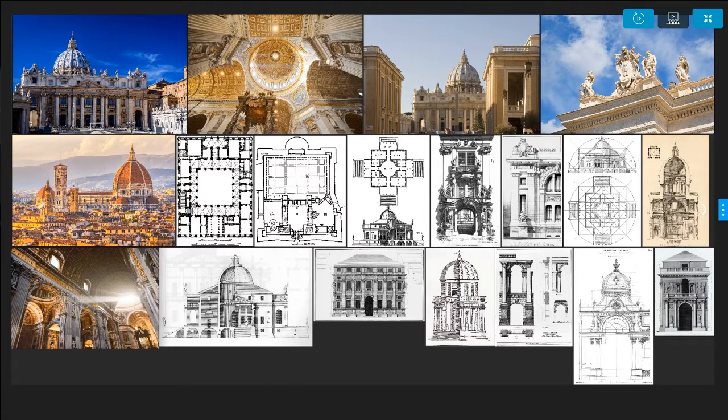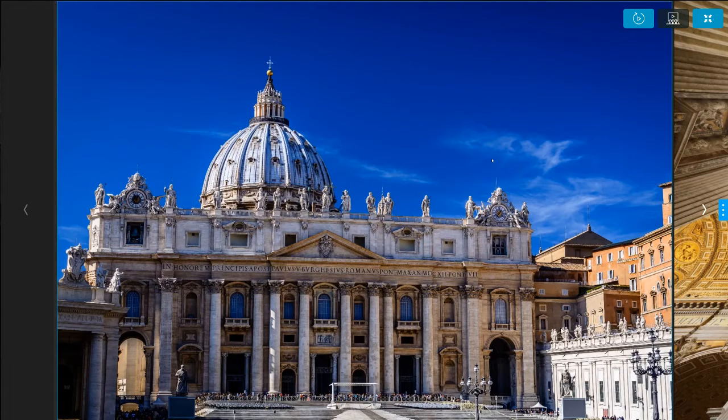The first thing is, as you can clearly see, this architectural style was adapting classical Roman and Greek architecture, and in St. Peter's Basilica, which is right here, you can clearly see where those influences are coming from. You can see the Corinthian order of columns.